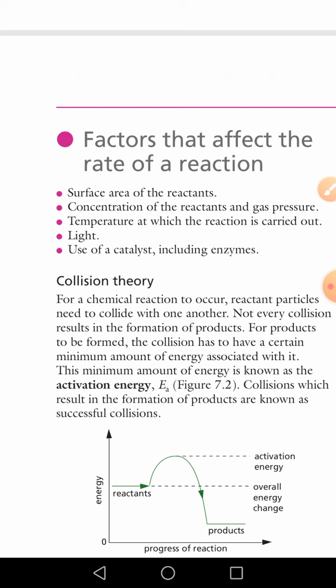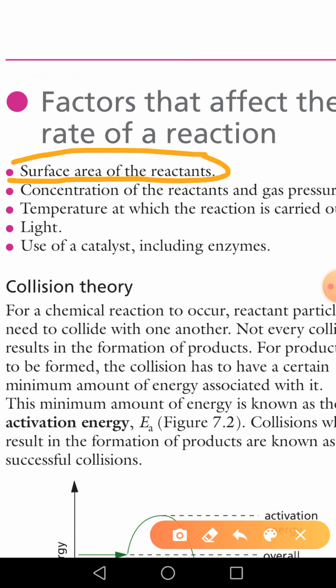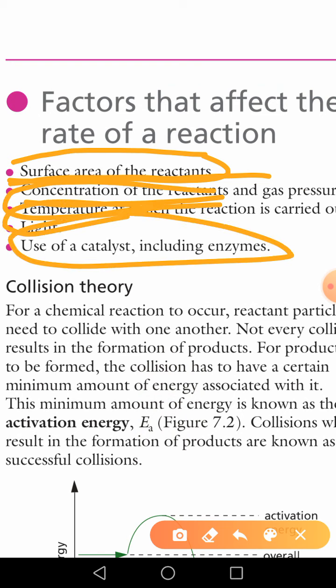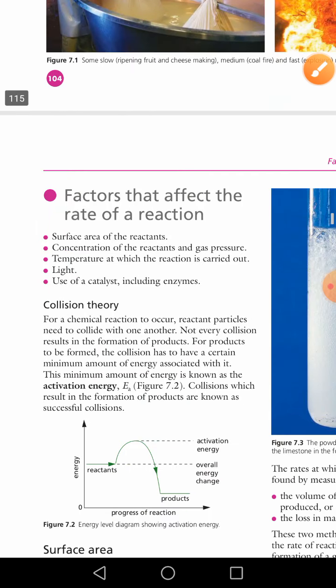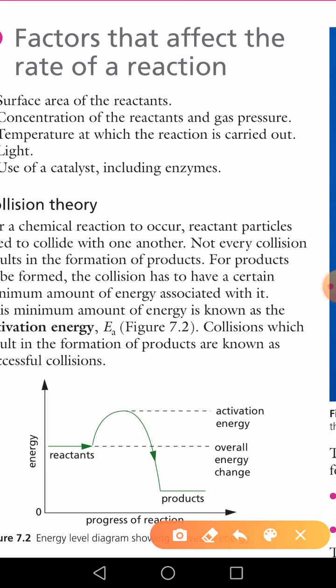Look at the factors: we have the surface area of the reactants, the concentration, the temperature, the light, and the use of catalyst. We will consult this graph later on.